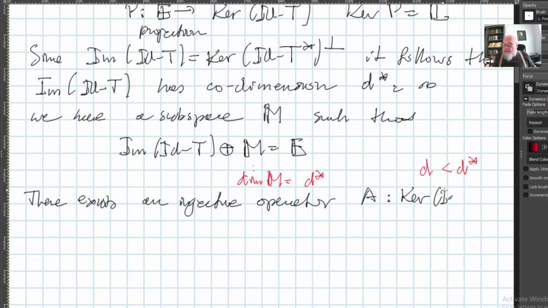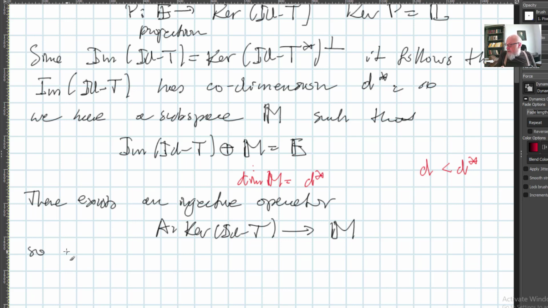So this is the kernel of identity minus T, and A goes exactly to N. And in such a case, I define the new operator, which is equal to T plus AP. Let me write it clearly.